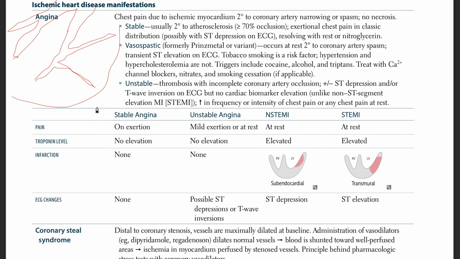Just like a pipe with water coming out of it, if you squeeze it, you get slower or a reduced amount of water coming through. Although there won't be any necrosis. Okay. Stable. So usually secondary to atherosclerosis, you have an atherosclerotic plaque somewhere here. Okay.